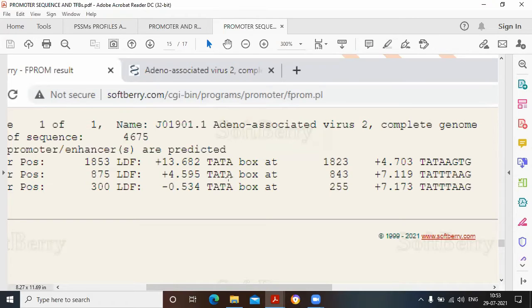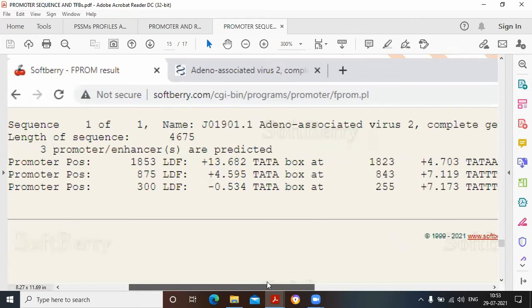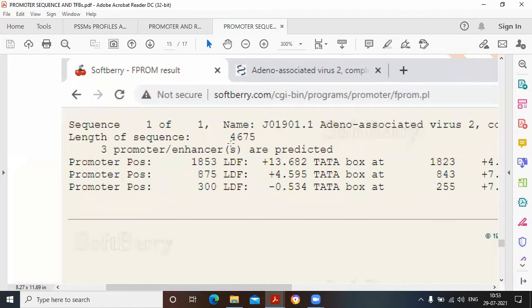With respect to the TATA box they have predicted it, and with respect to the TATA these are the statistical values they have set, and based on that they got this result. So this way you understand, for the provided entire genome sequence, where exactly the TATA box is present, and what different enhancer positions there are with respect to it.